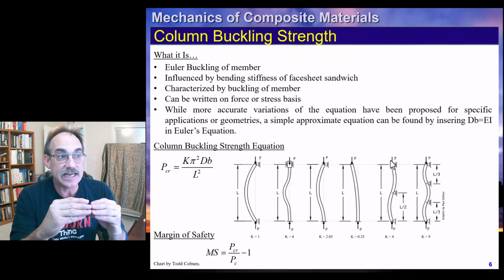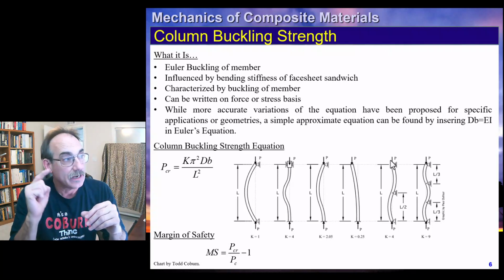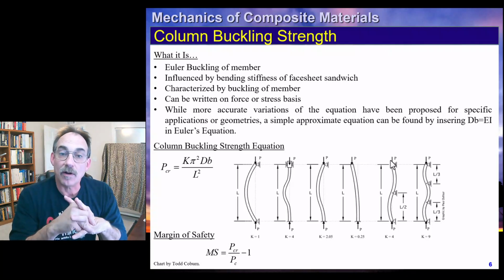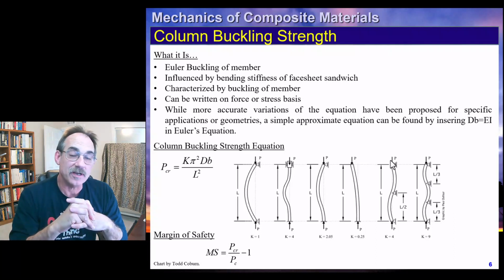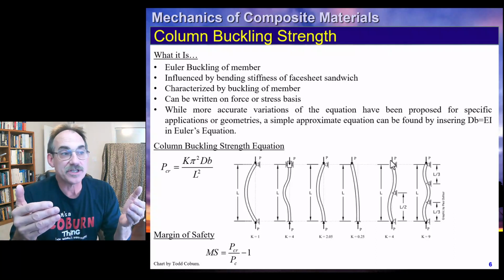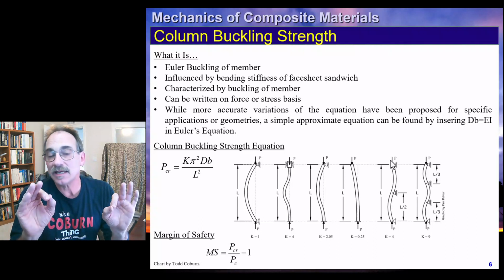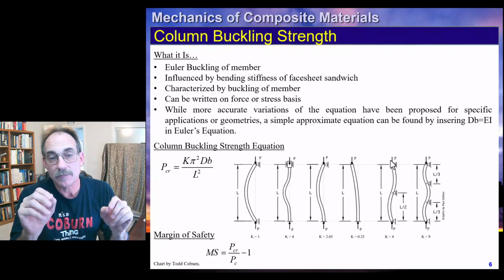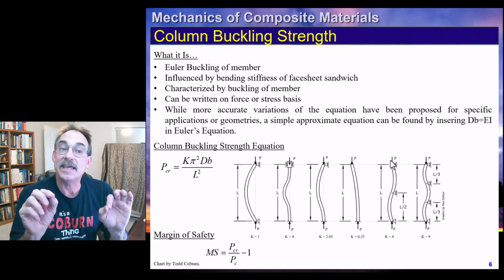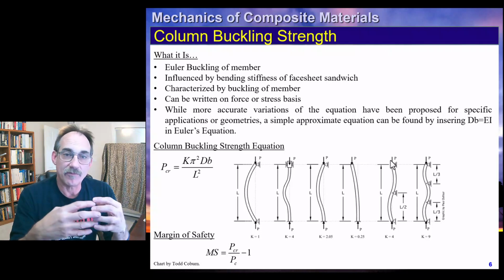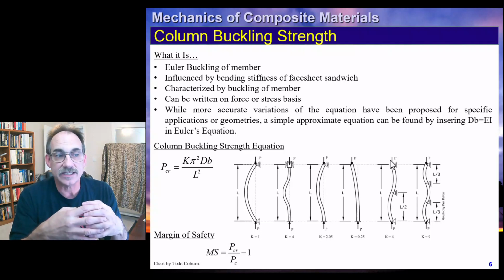And by using the D parameter in this Euler buckling equation, we can actually get a fair representation of any composite sandwich we might encounter. Now that is power.